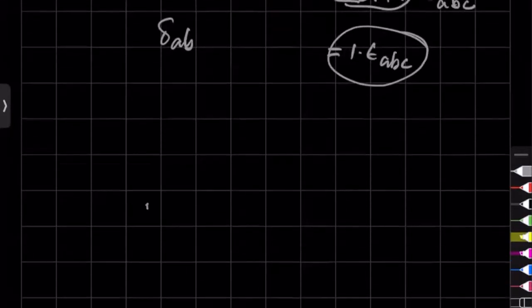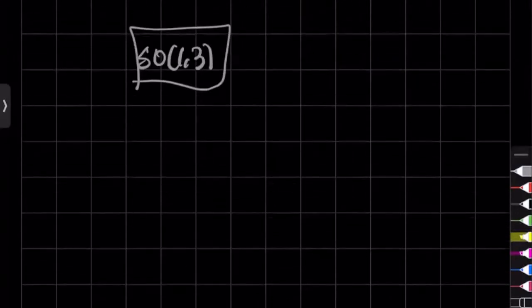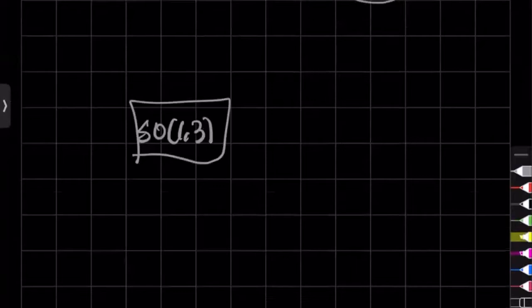So for SO(1,3), can you suggest a tensor which is analogous to this? It's just the Levi-Civita in 4 dimensions.